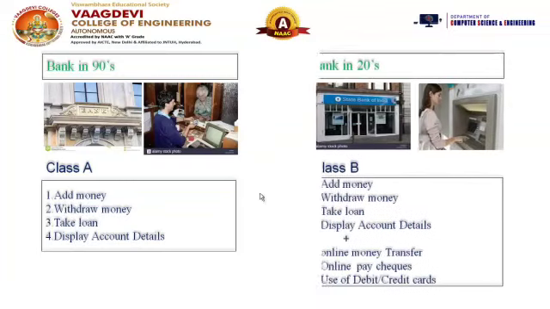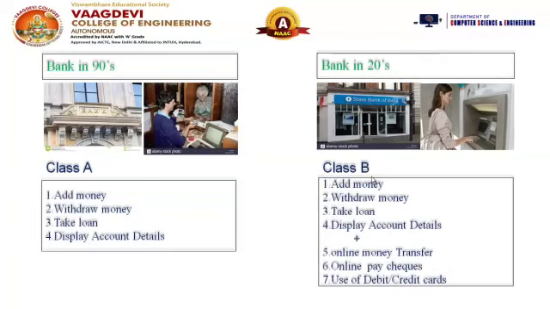Now I would like to write another class B which should perform 7 operations such as add money, withdraw money, take loan, display account details, online money transfer, online paycheck, use of debit and credit card. That is, class B also have features which were in class A.